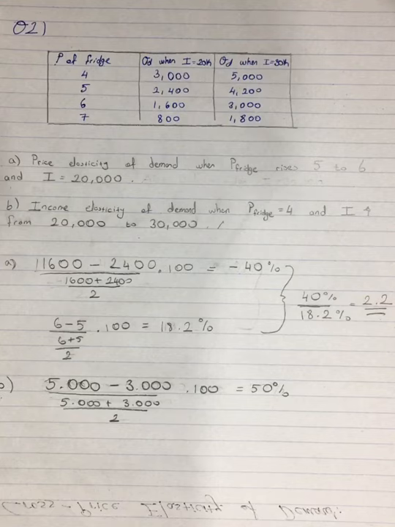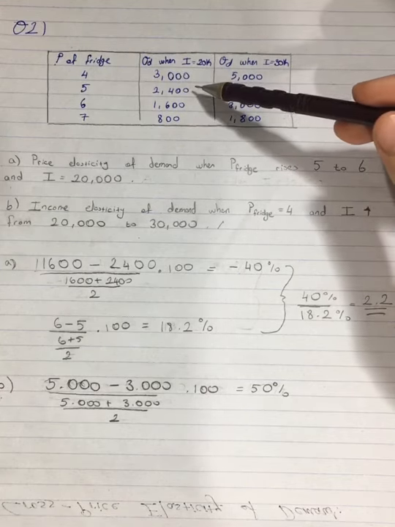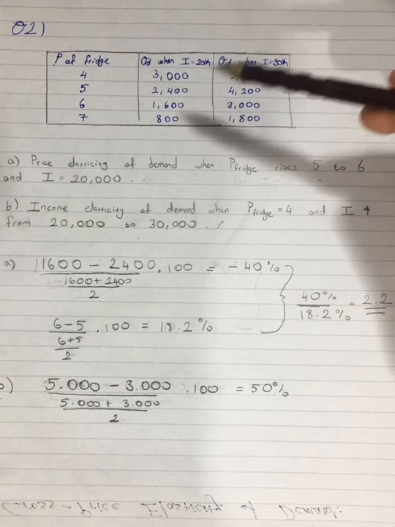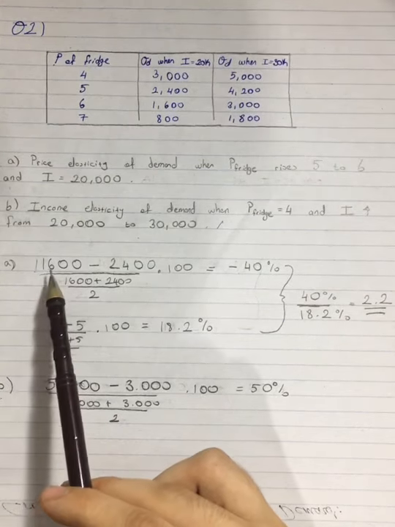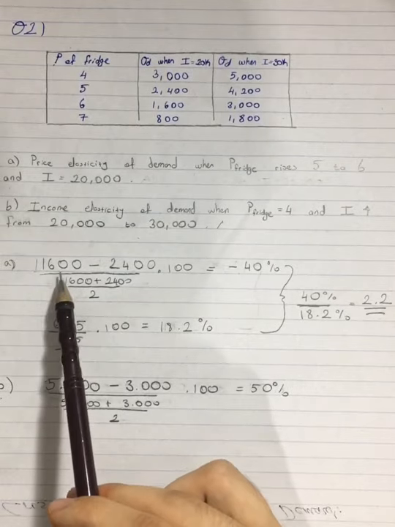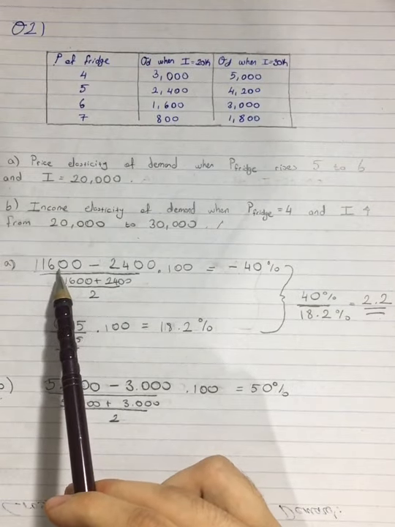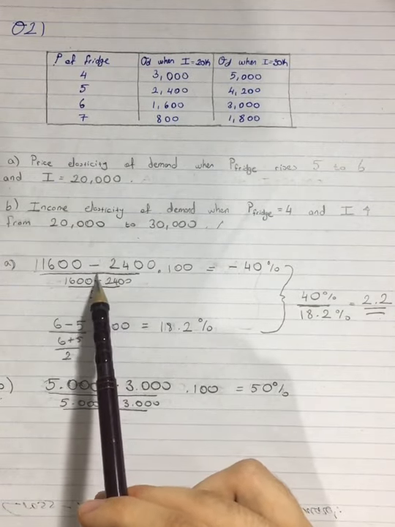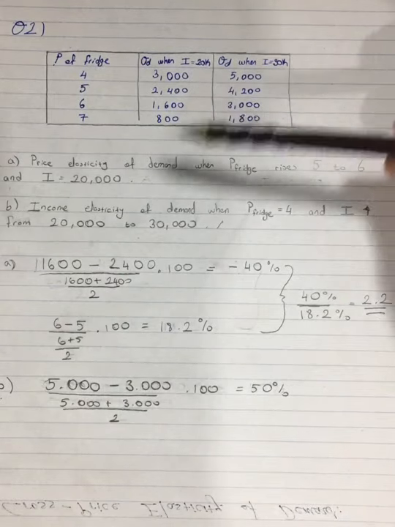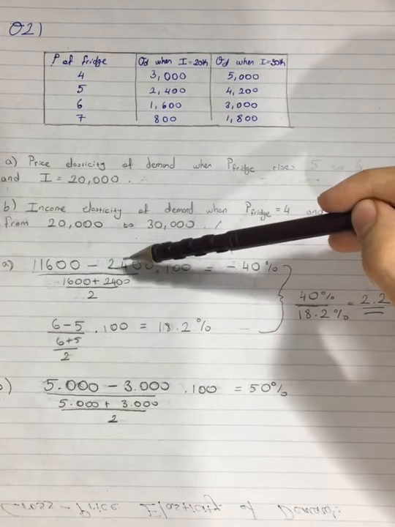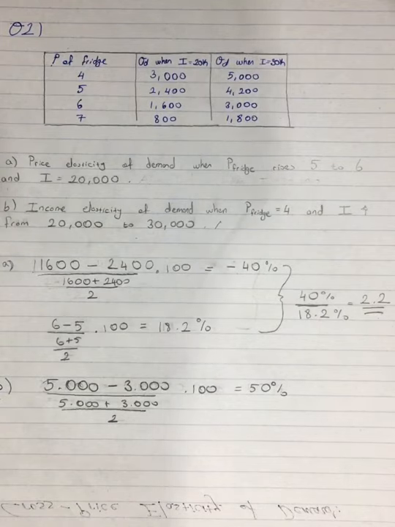So what's the change in the quantity when price rises from 5 to 6? It goes from here to here. The quantity demanded after the price change is this, and we have to subtract it from the initial point, this. This is the change in the quantity demanded over the average quantity demanded. What's the average quantity demanded?